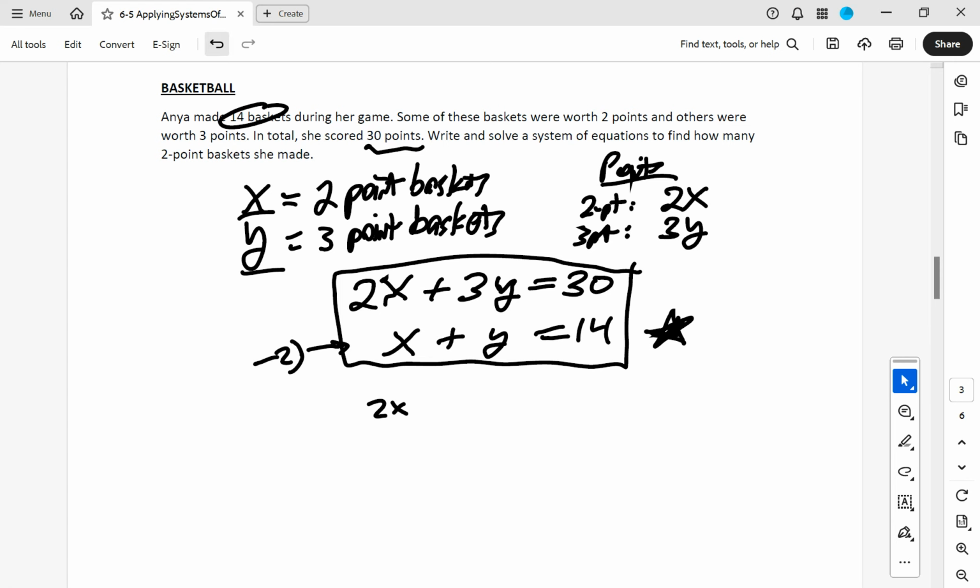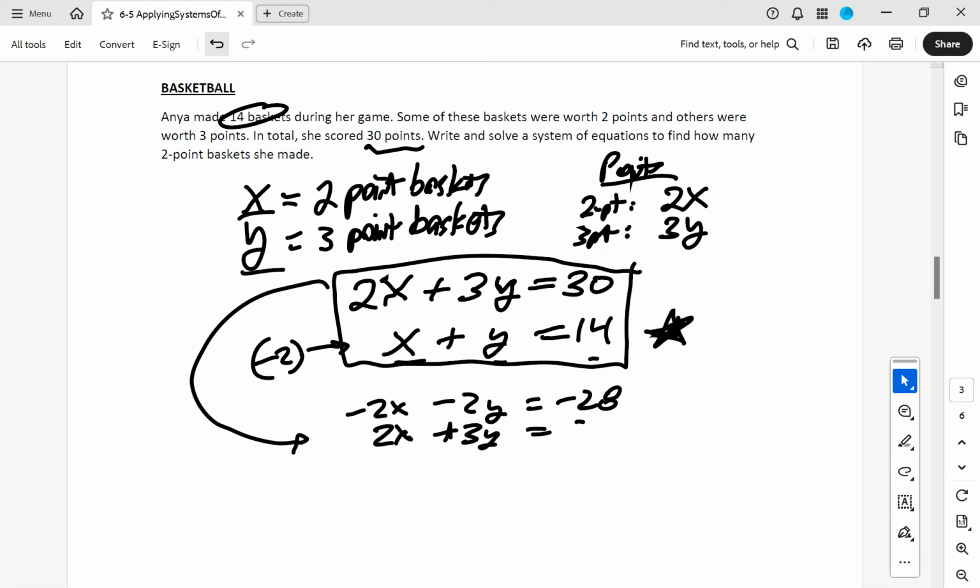So if I multiply negative 2 times each one of these things, I get negative 2x, negative 2 times y is negative 2y, and negative 2 times 14 is negative 28. And then I'm going to take this one and put it underneath. 2x plus 3y is equal to 30.